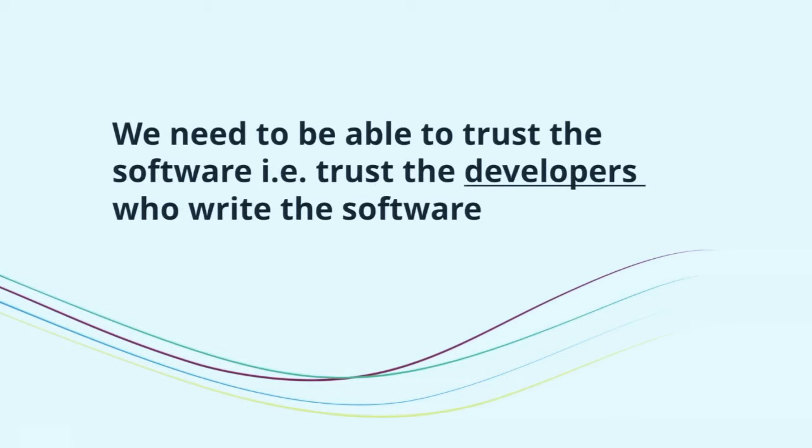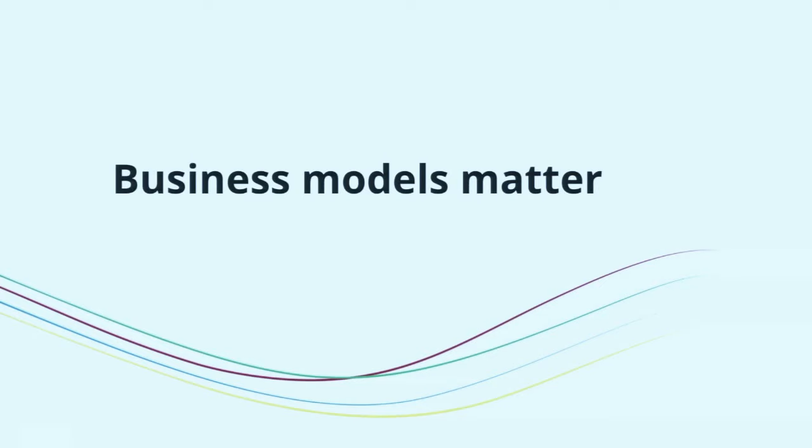And we need to be able to trust the software, which really means trust the developers who wrote the software, in this case. This is why I say business models matter. Because in order to be able to trust the developers who wrote the software, you need to know how they make their money. Right? That's critical.